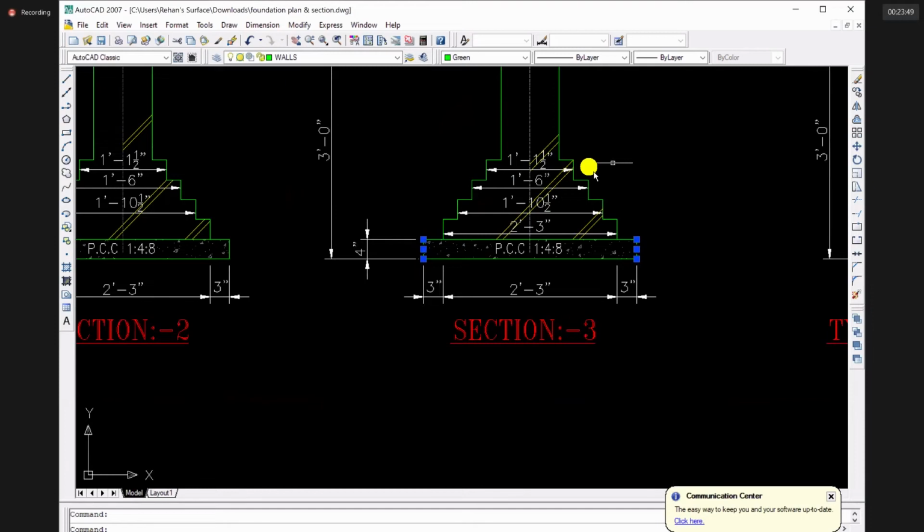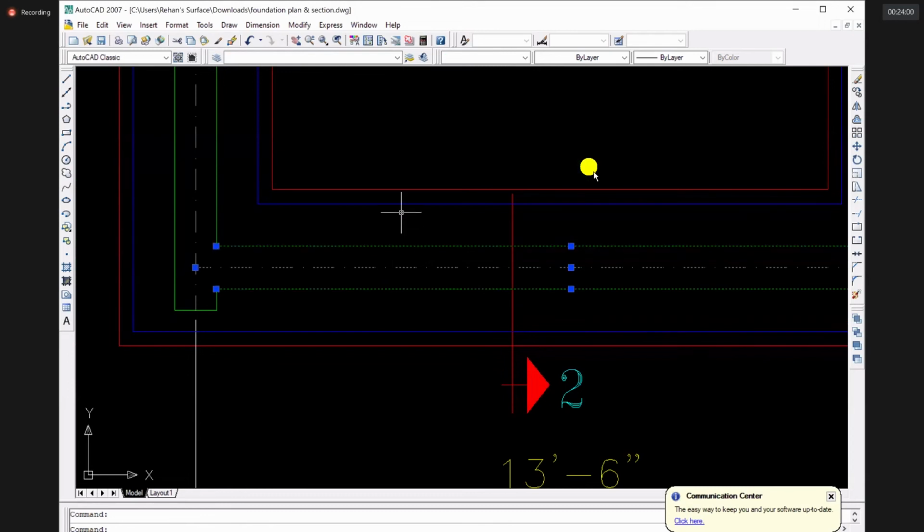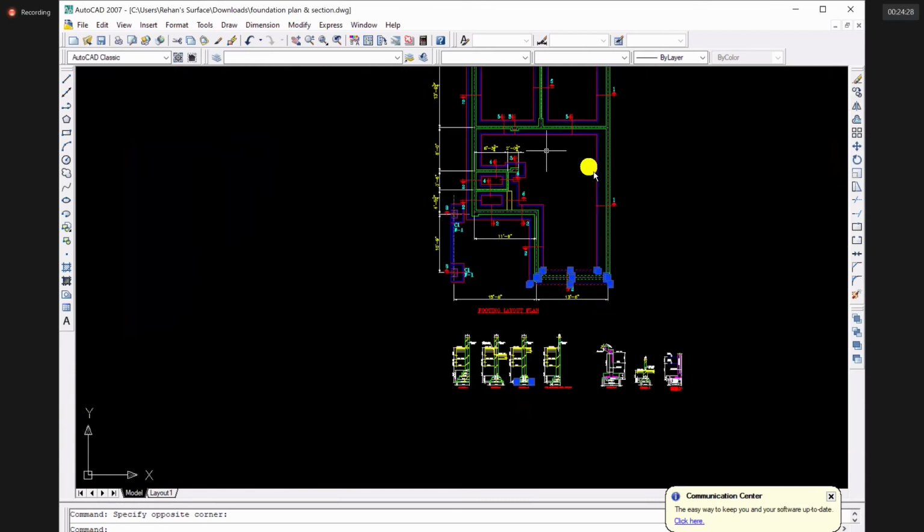So coming back to plan, center line at the center, then the wall width, then the width of the foundation, and lastly the width of the excavation or width of the PCC pad. In this way, you are going to draw your plan, right? You're going to complete your whole plan.